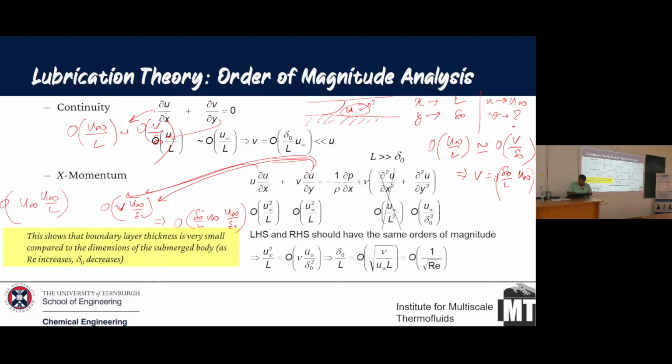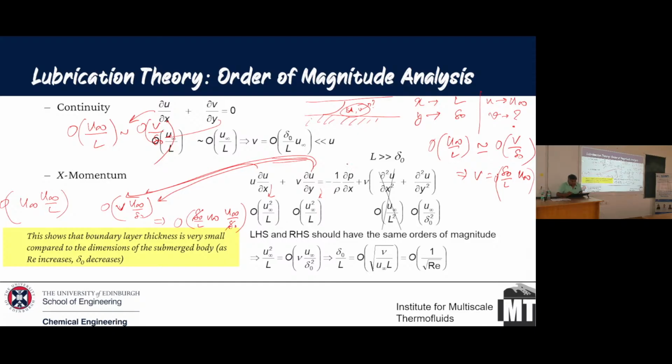So you can see that you would simply get u infinity squared by L on both sides. This is u infinity squared by L, and this is also u infinity squared by L, which is great because at least we know that we are on the right track. So both of these terms have got the same magnitude of strength.